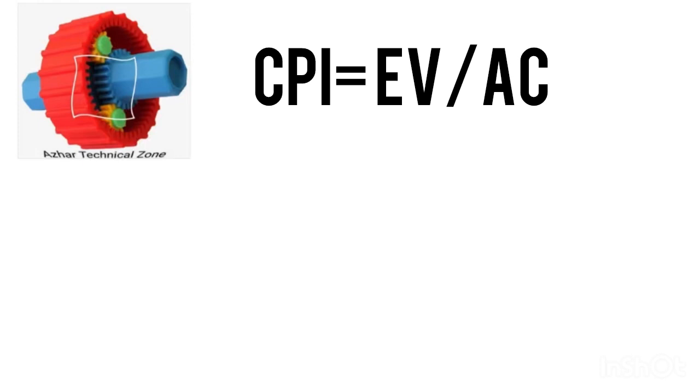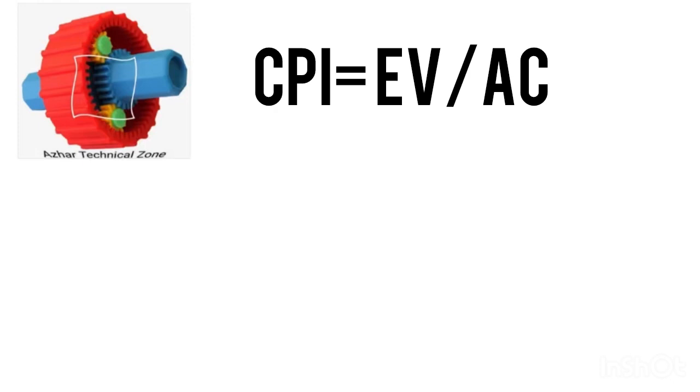Please don't be confused. Earned value is the amount which we claim every month, and the actual cost in this CPI, which is in the denominator, is the cost or expenses incurred in the project for execution. In this one also, there are 3 conditions to check the performance of the project.